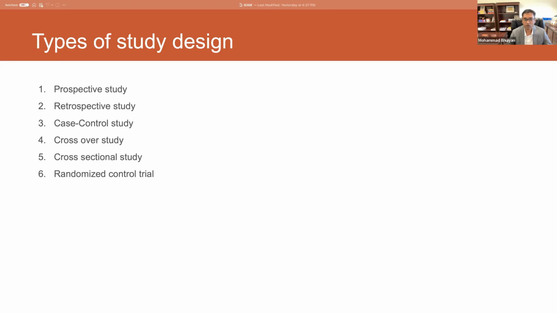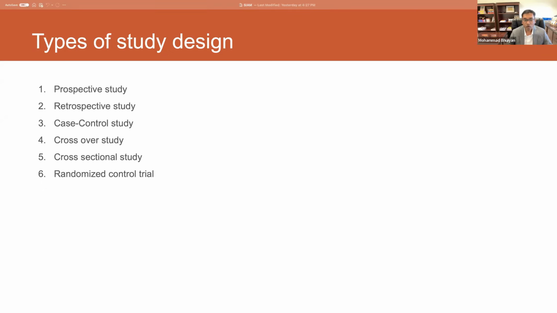Then there is the case crossover study, an updated version of case control, where the same person works as a control for the case. Suppose when the patient got a disease, they got some medication. After that, we give a washout period. And then we compare the same person before and after recovery. This is called case crossover.